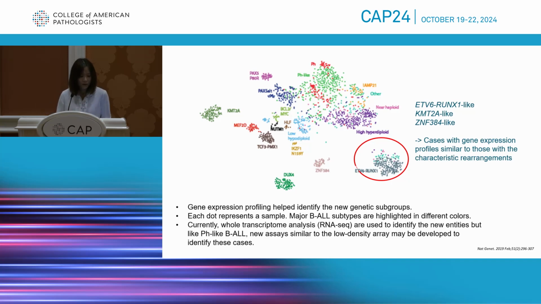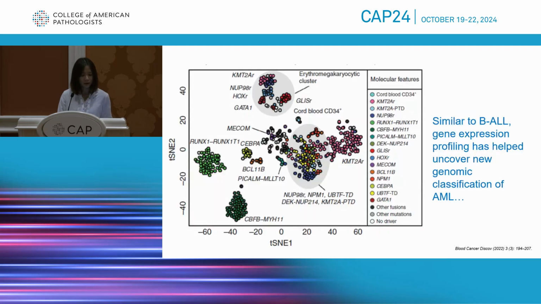Currently, whole transcriptome analysis is the way people identify all these cases, but we can imagine, just like Philadelphia-like B-ALL, maybe down the road there will be a more targeted and focused assay that can help us identify these cases through other methods. That's something I would like to mention about the utility of gene expression profiling in daily practice.